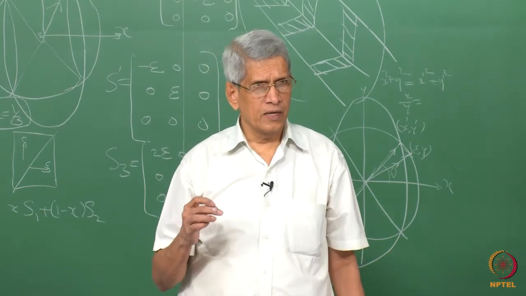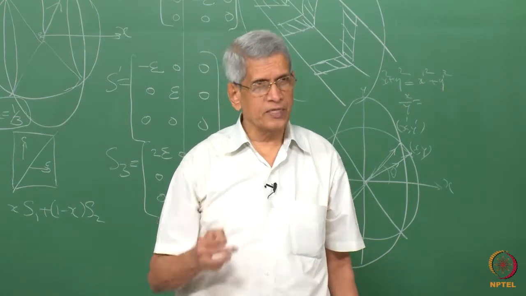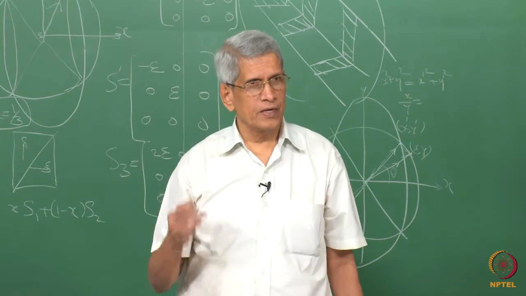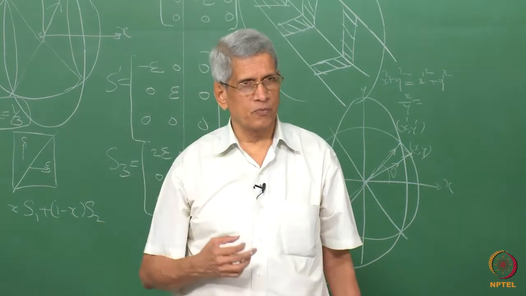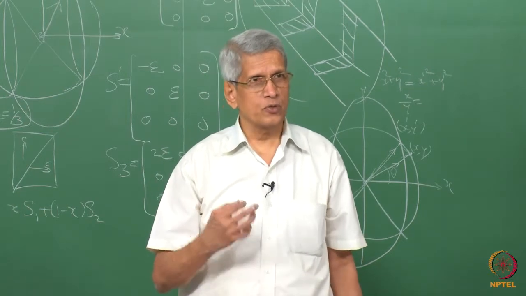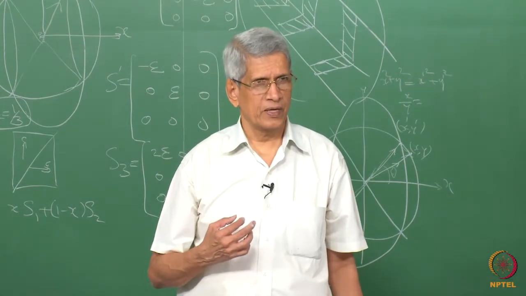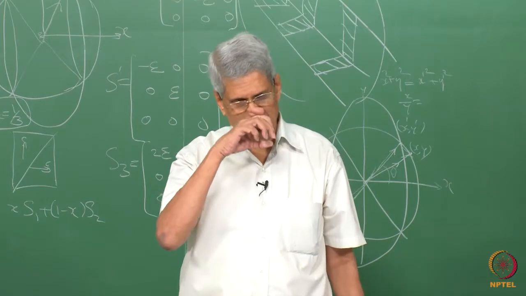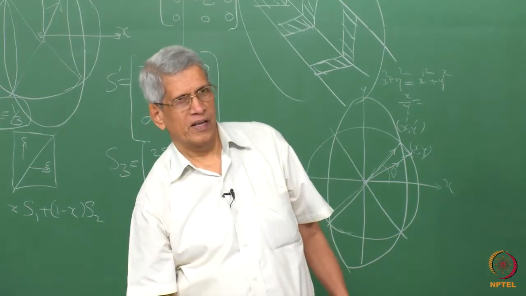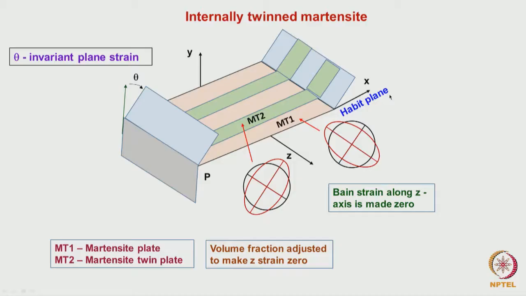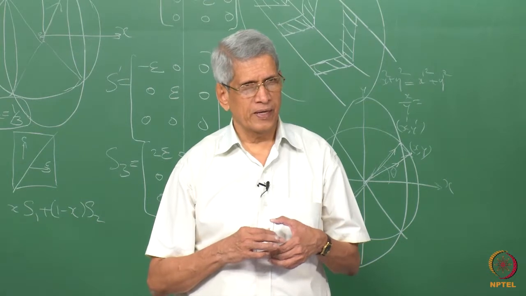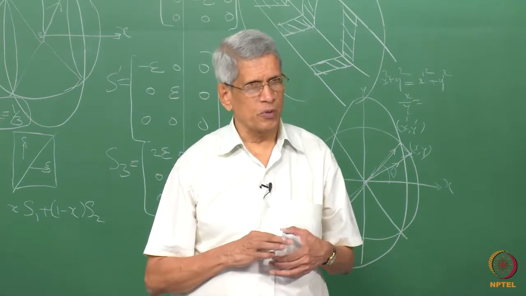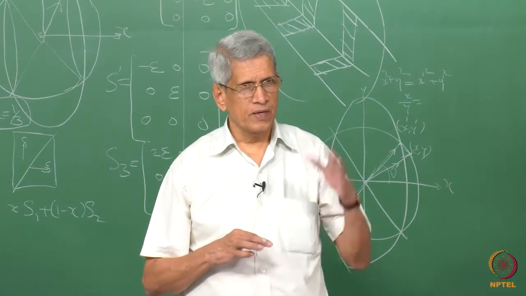The volume fraction which is predicted by theory, it has been observed that the experimentally observed volume fraction corresponds to the same value. So, this is one of the great successes of this theory. Then the orientation relationship which is predicted, exactly the same relationship could be obtained in most of the cases.